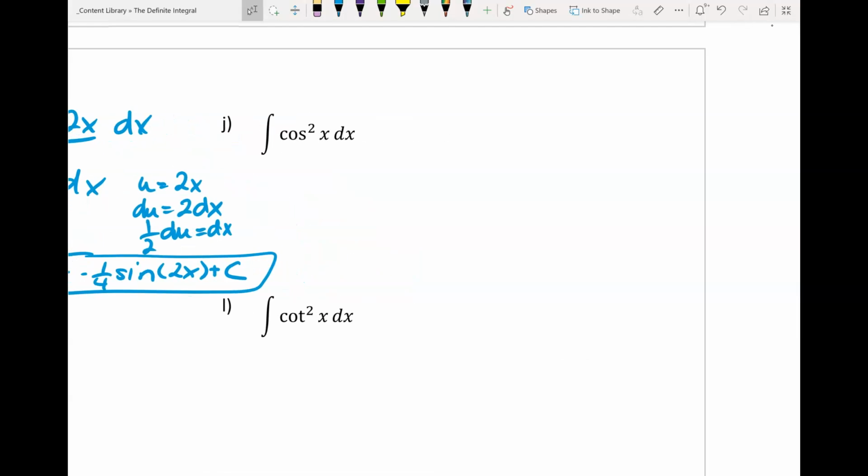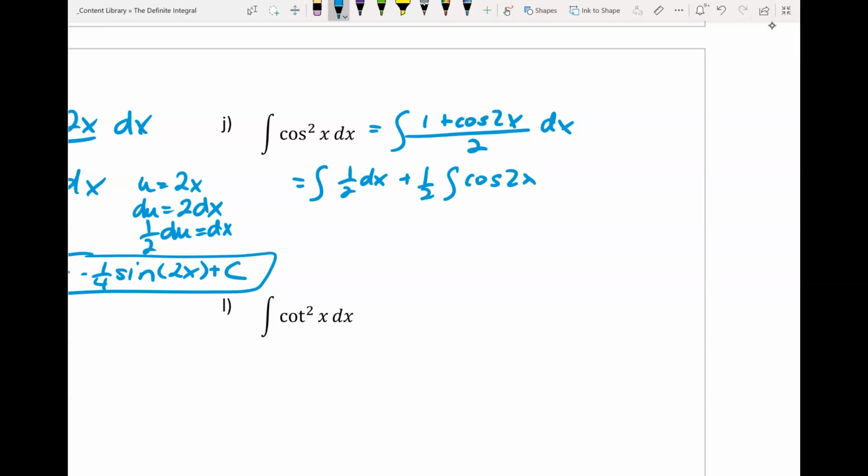For cos squared x, if you refer back to the last page, we can replace cos squared x with its identity, 1 plus cos 2x all over 2. It's going to be very similar to the last one. So we can separate our integral to 1/2 dx plus a half cos 2x dx. And then we can let u be 2x. du is 2 dx, or we can say half du is dx.